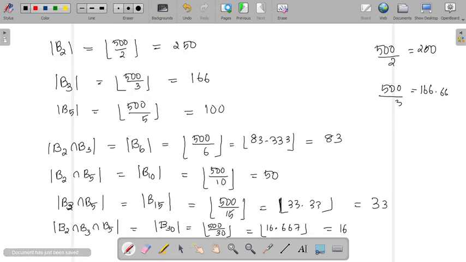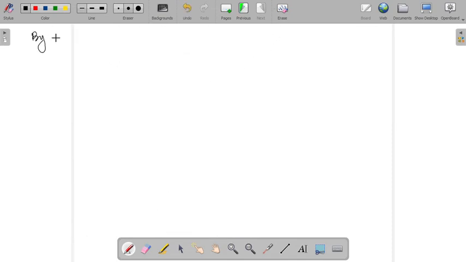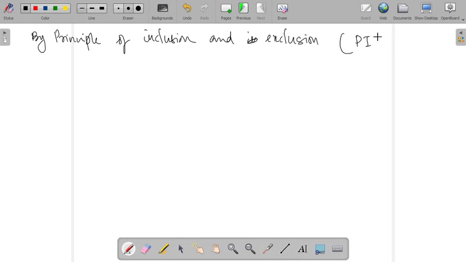So now by the principle of inclusion and exclusion, this is how we write the principle of inclusion and exclusion in short.